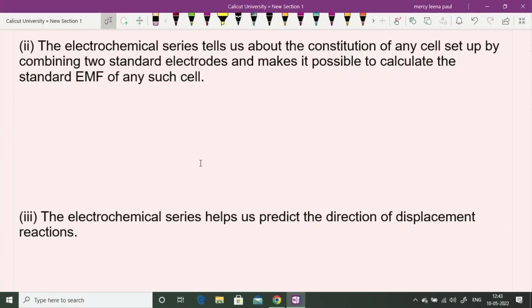Next, the electrochemical series tells us about the constitution of a cell combining any two standard electrodes. You can take any two standard electrodes and say which undergoes oxidation and which undergoes reduction just by looking at their standard values. So, you can say how to construct a cell, and which will be the anode and which the cathode.